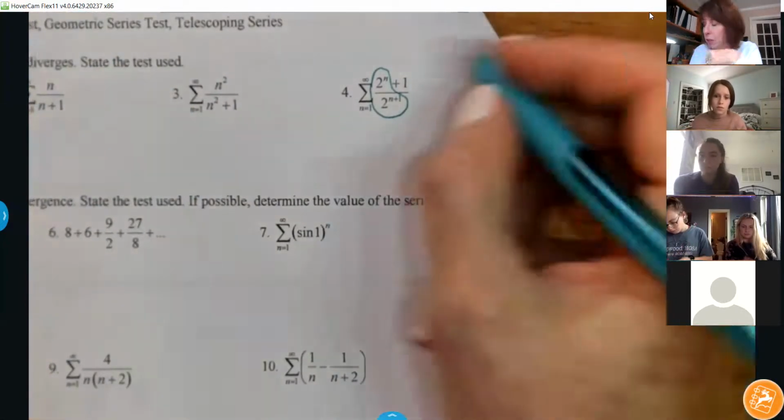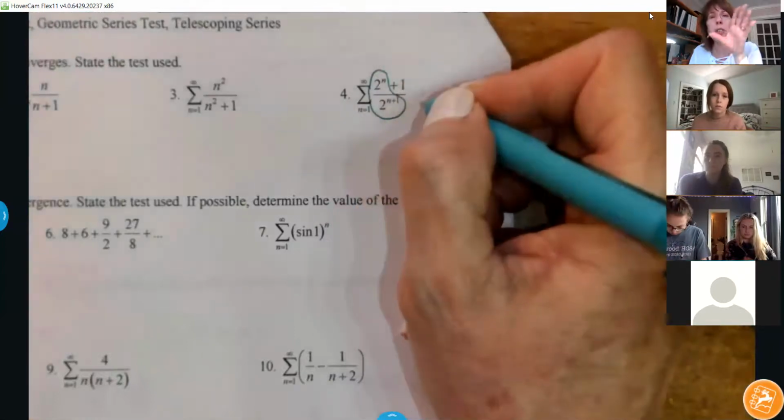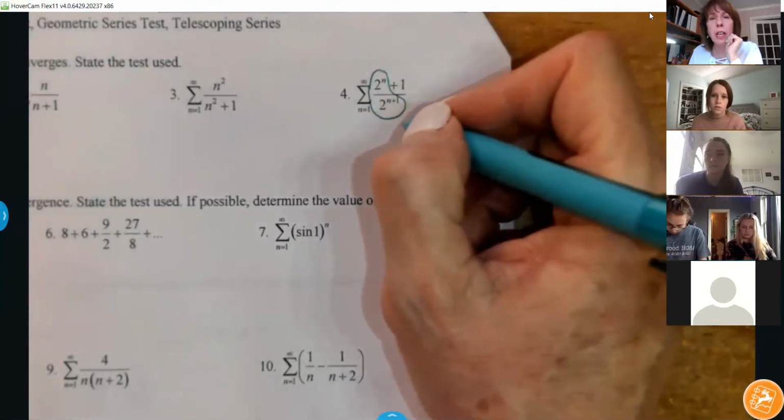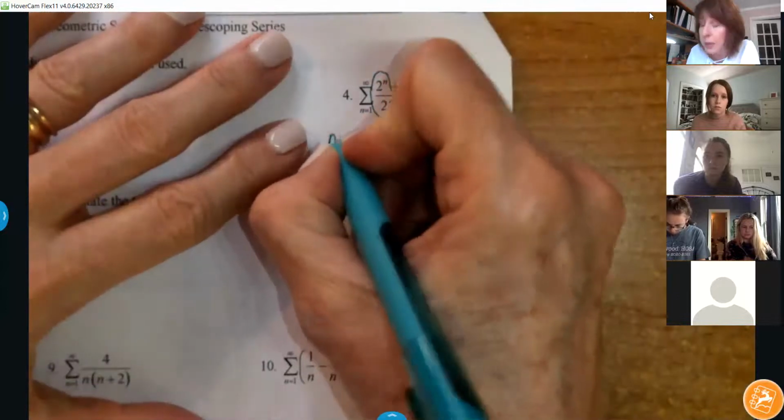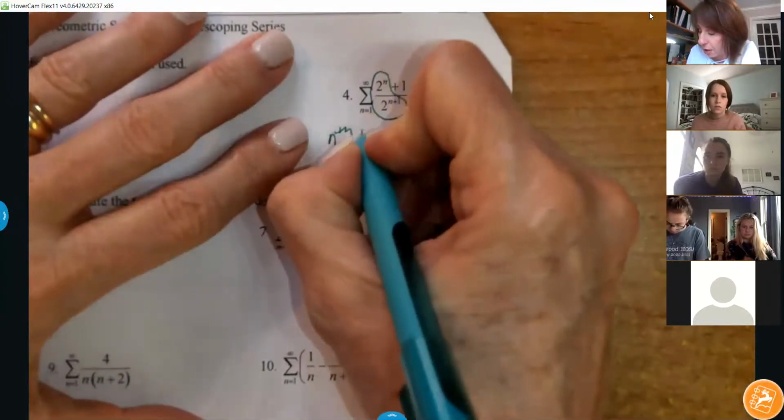It's not geometric because of the +1. So I'm thinking just using the nth term test.